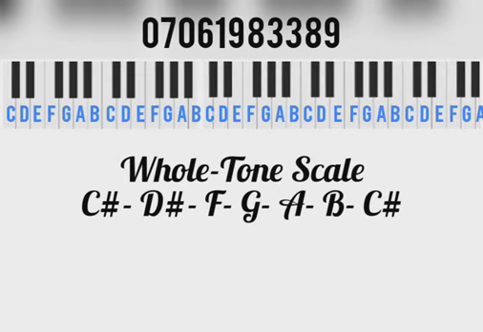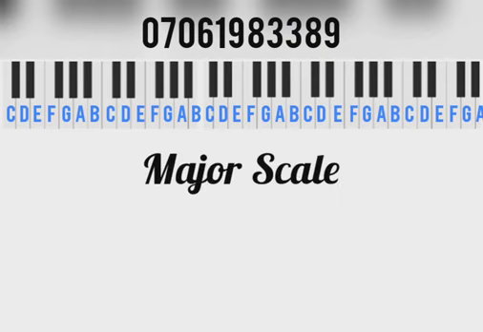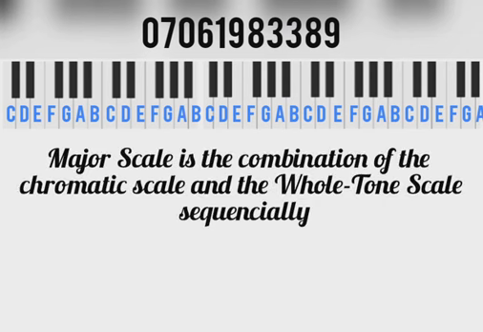So the final scale is the major scale. A major scale is the combination of the chromatic scale and the whole tone scale sequentially. Remember, we talked about the chromatic scale and the whole tone scale. So now, to derive the major scale, we're going to combine the chromatic and the whole tone scale.